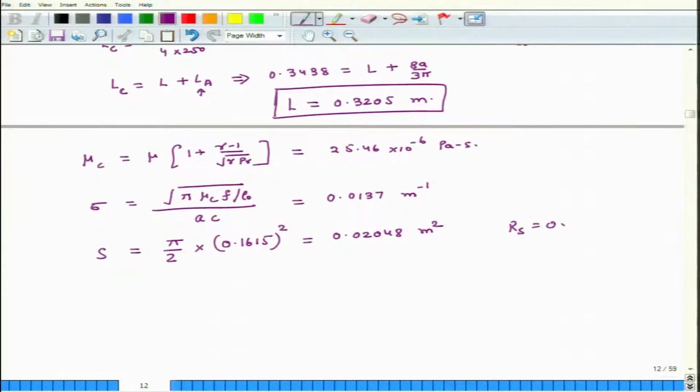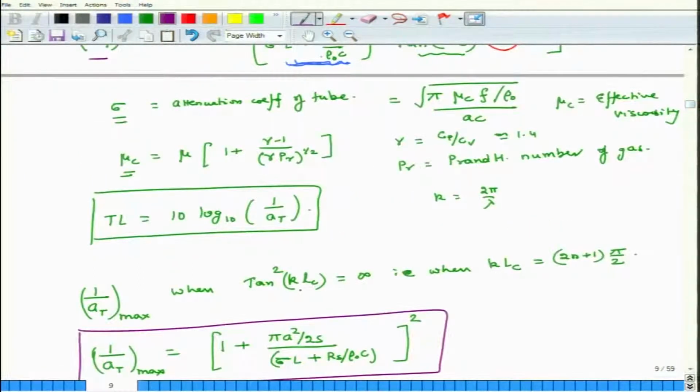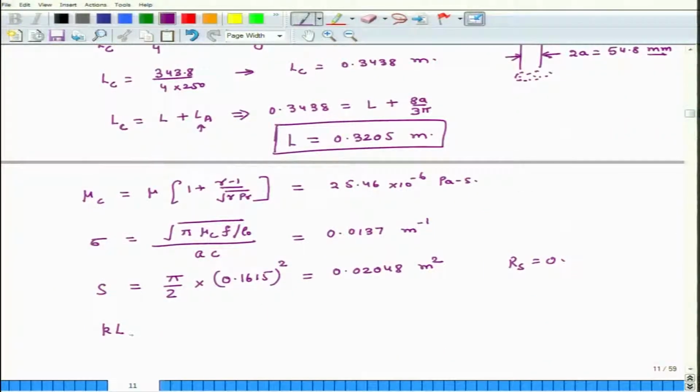So, we can just drop that term. Now, let us also find out KLC, because we have to find the tangent. Now, I do not have to do all that calculation.